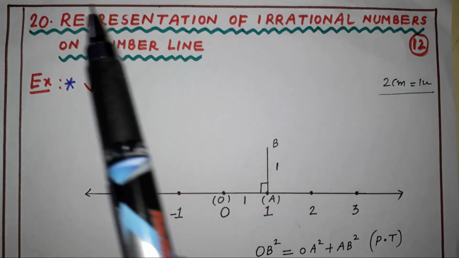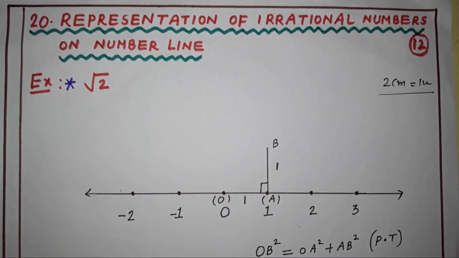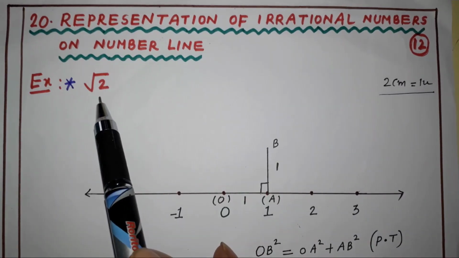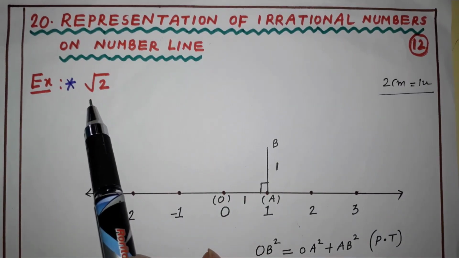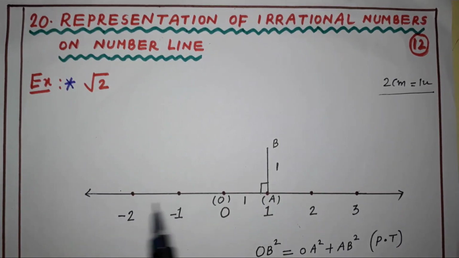Now children, we are going to discuss representation of irrational numbers on a number line, like root 2, root 3, root 5 and so on. First of all, we see how to represent the irrational number root 2 on a number line. For this, I have drawn a number line and I took 0, 1, 2, 3 and minus 1, minus 2 with equal distance.